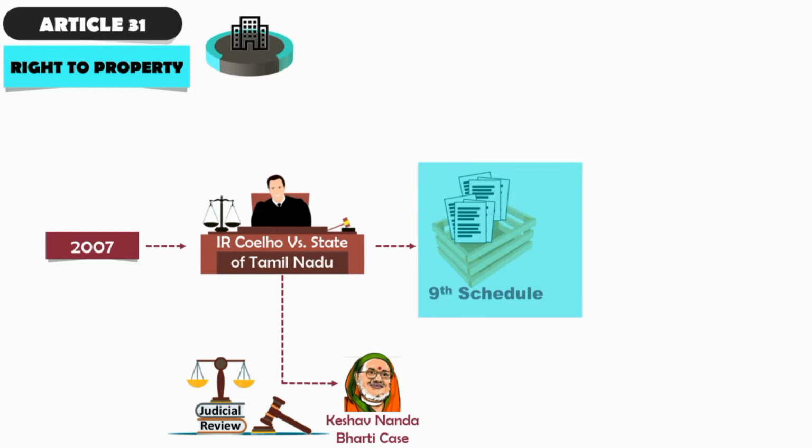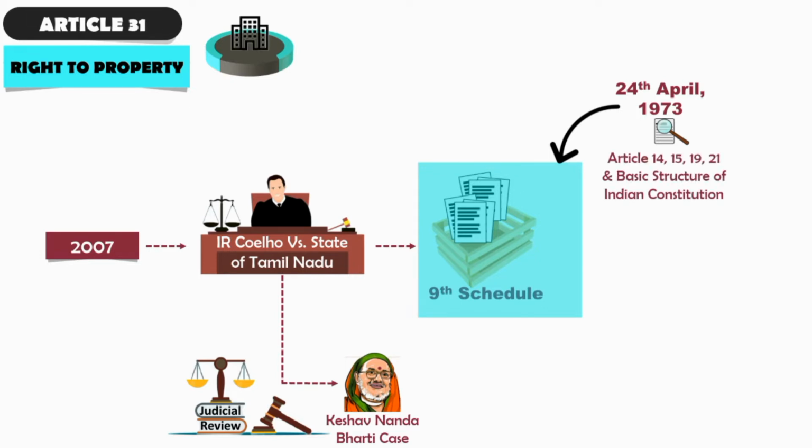But all those acts which have been inserted in the ninth schedule after 24th April 1973 can be subject to judicial review on the grounds of contravention of fundamental rights under Article 14, 15, 19, 21 and basic structure of the Indian Constitution.